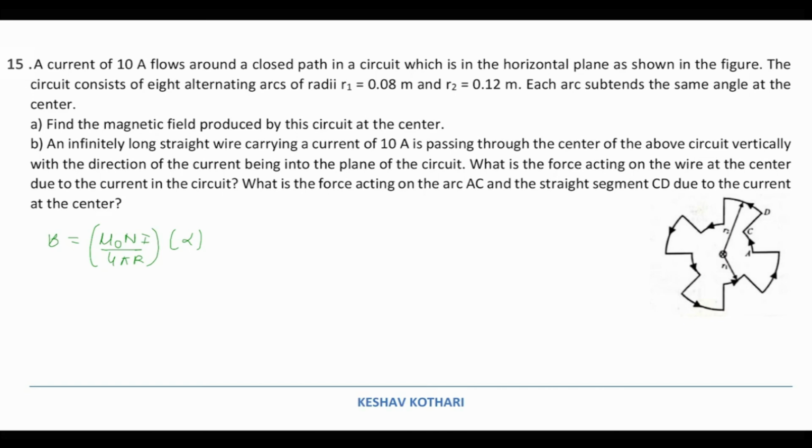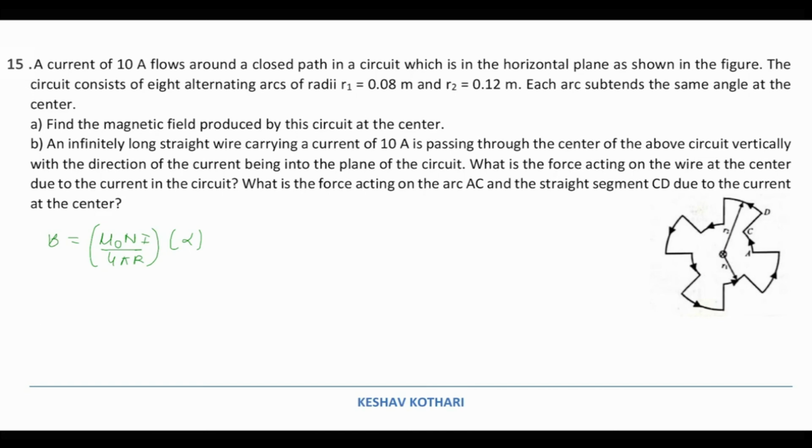The question says that they are subtending equal arcs. So I can simply say that the larger arcs combine together to produce a semicircle, and the smaller ones also combine together to produce a semicircle. That is, each one is contributing an angle of pi to constitute the entire loop.